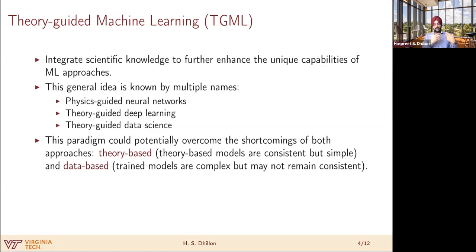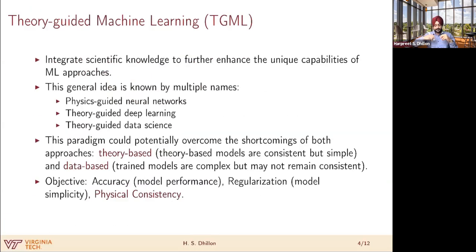But along the way, they may not remain consistent because you're not telling them explicitly what the underlying physical laws are. So you are hoping that those data-based models will learn those laws, but if your model complexity is too high, you might need a prohibitive amount of training data for that to happen.